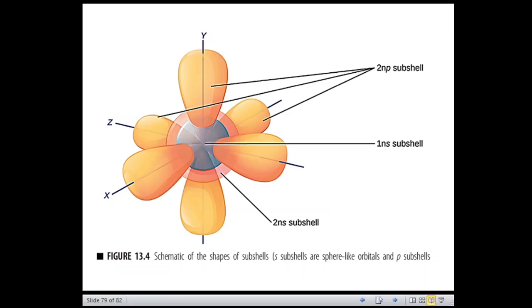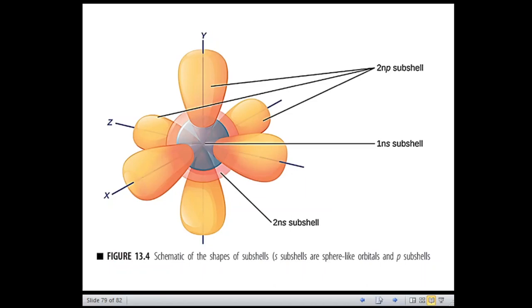The orbital angular quantum number refers to a specific subshell which is characterized by the letter S, P, D or F. The orbital angular momentum quantum number is dependent on the principal quantum number n, and it falls within the range 0 to n minus 1.